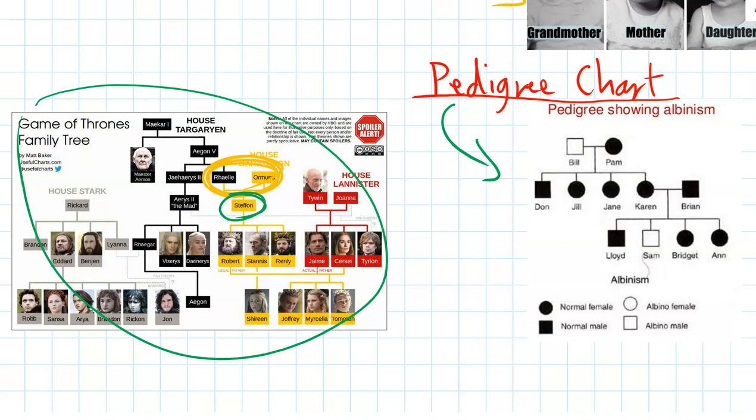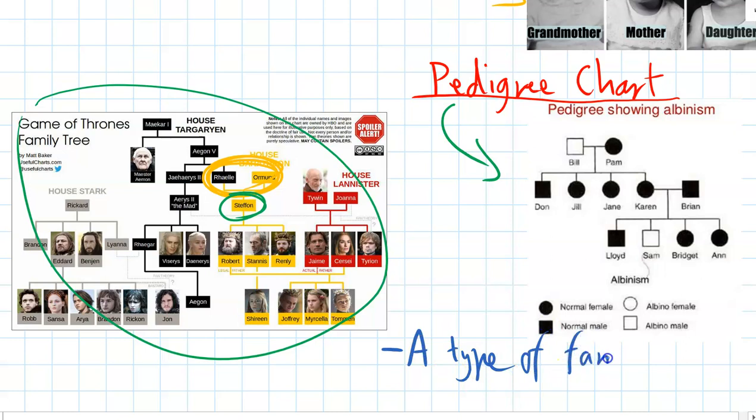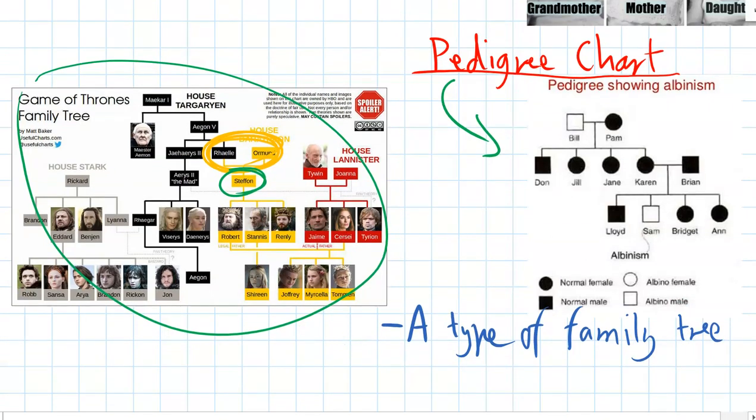So pedigree charts are a type of family tree that lets us track the inheritance of a trait.